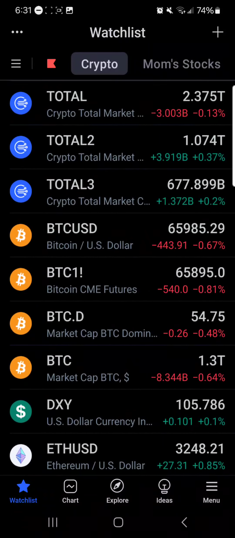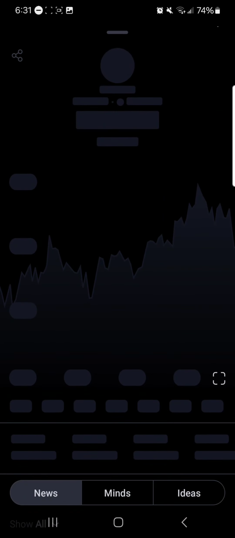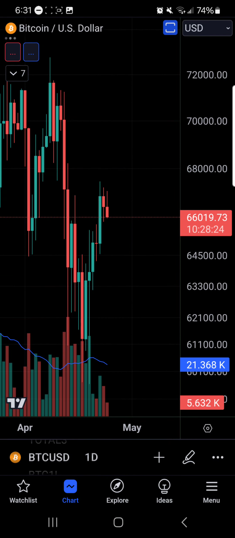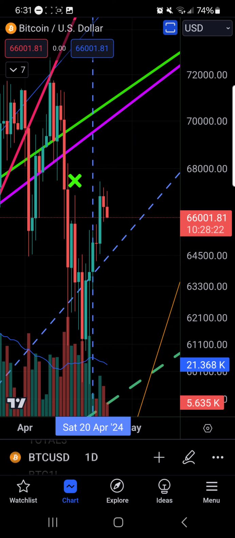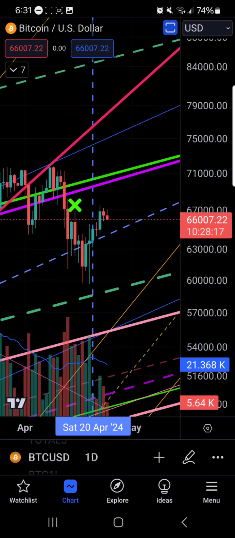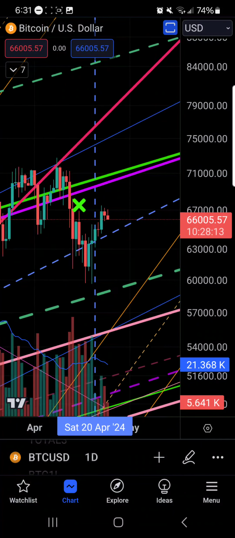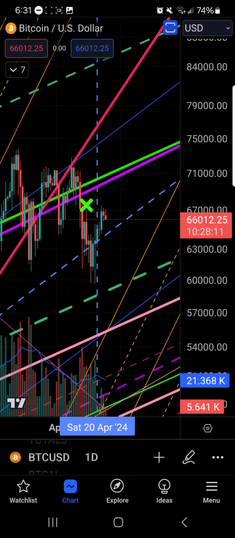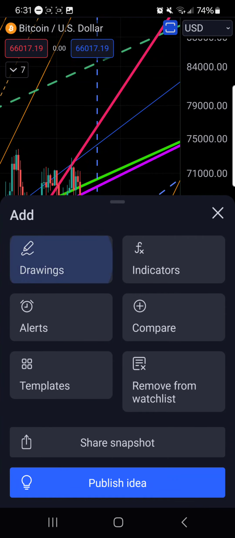Let's just see what Bitcoin is doing currently. Oh my lord, what chart are we on? I forgot we're on a different chart. But let's look on this chart.